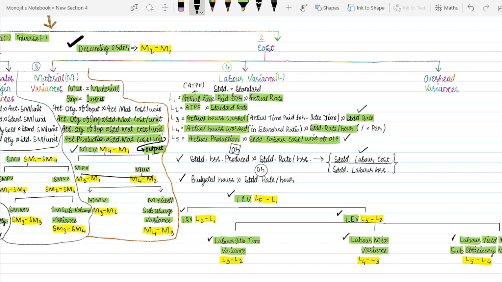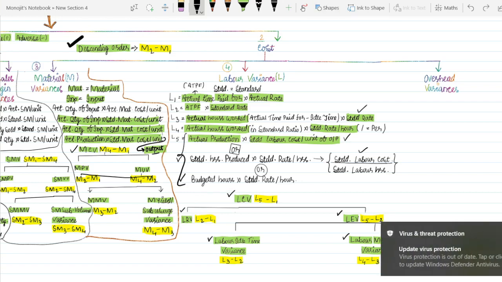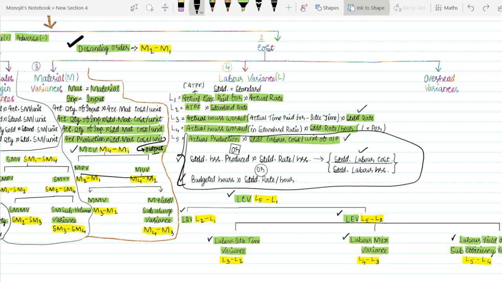There are three formulas for L5. These are the three components of L5.